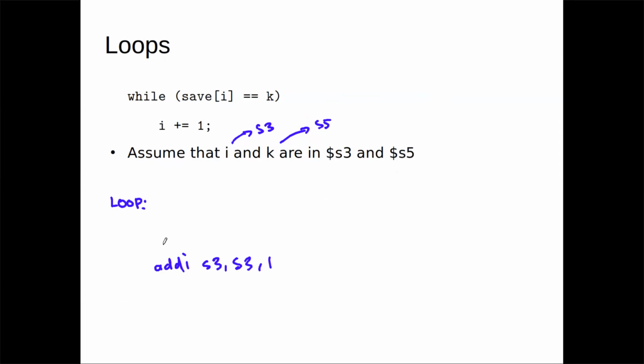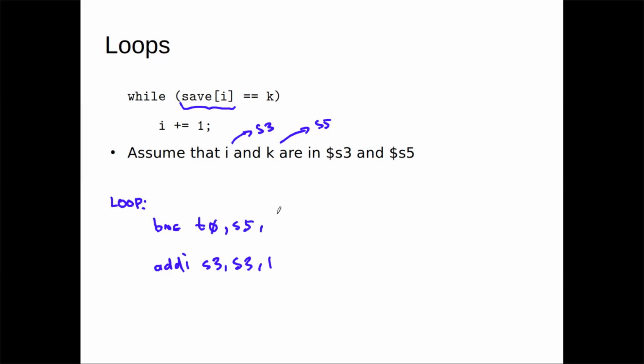But what will be our condition here? So you're saying branch not equal. Last time we did branch not equal was when we were done. Imagine we have some value in a temporary variable t0, for example, and you compare it with k, which is inside S5, right?